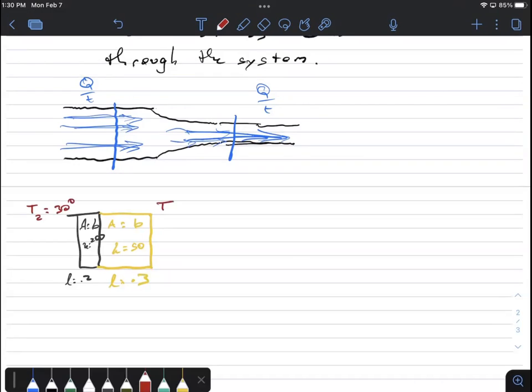And the temperature on the outside, I'll call T1, is 10 degrees. What I'd like to find out is, number one, what's the temperature in the middle where the two things meet? I'll call that T3. And what's the total heat flow rate through the system? Those are the two things I want.